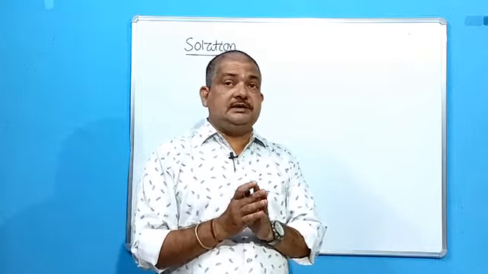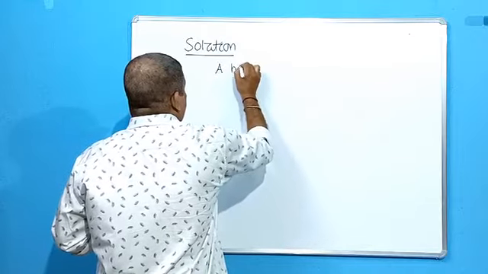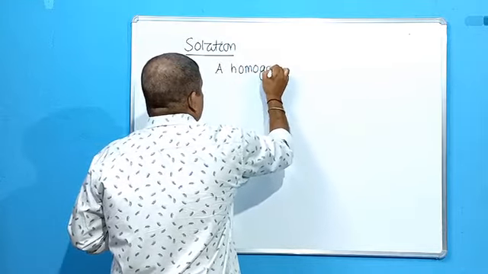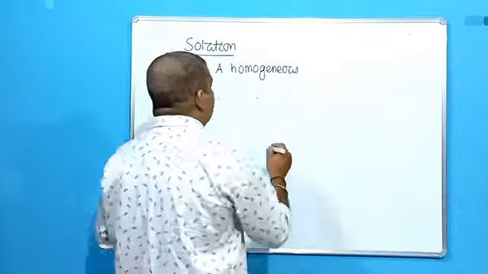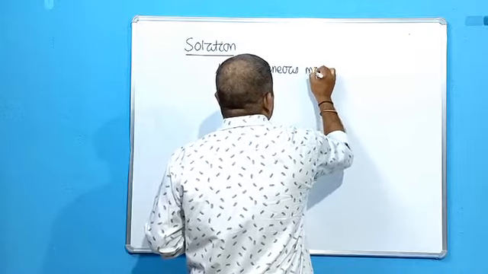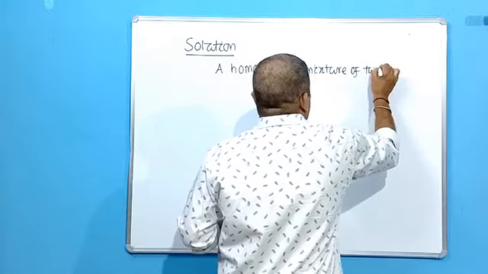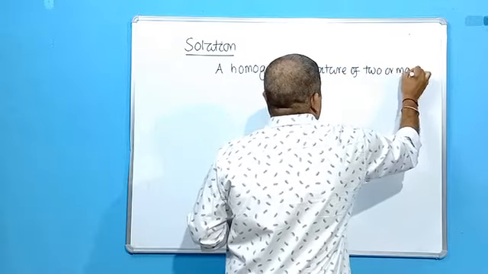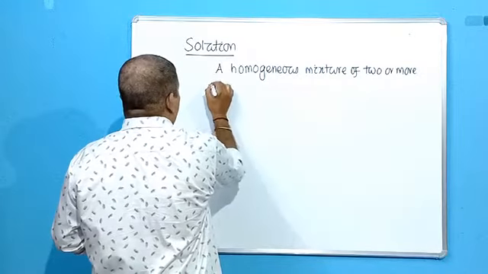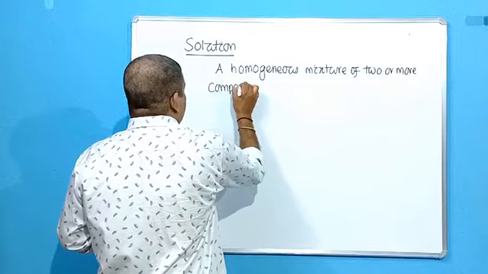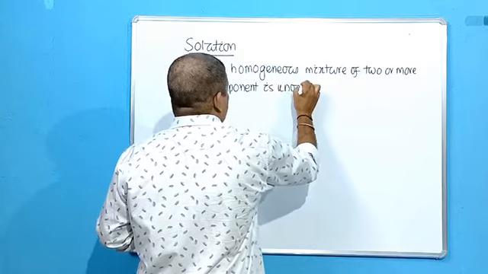So how do we define a solution? Homogeneous means uniformly mixed. A homogeneous mixture of 2 or more components is known as a solution.